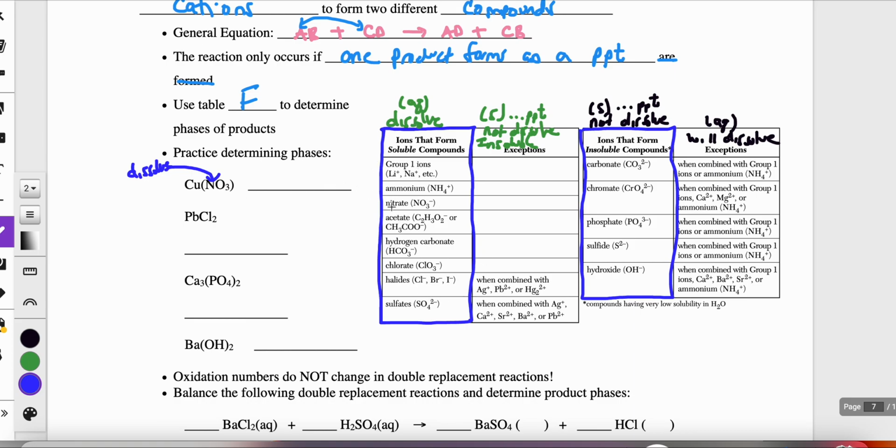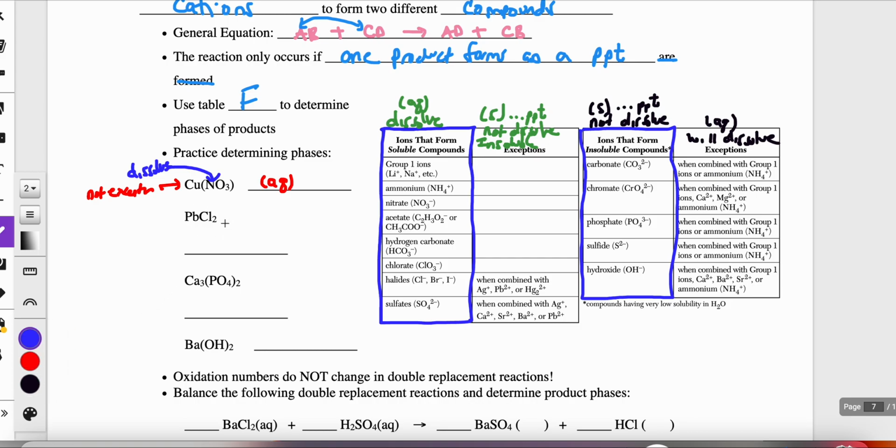And when you take a look over in the exceptions list, is Cu an exception? No, it's not an exception. So I'm going to write not exception. It typically dissolves, and this is not an exception. So that means that this compound, when it forms in water, its phase is going to be aqueous because it will dissolve. We're going to follow this pattern.